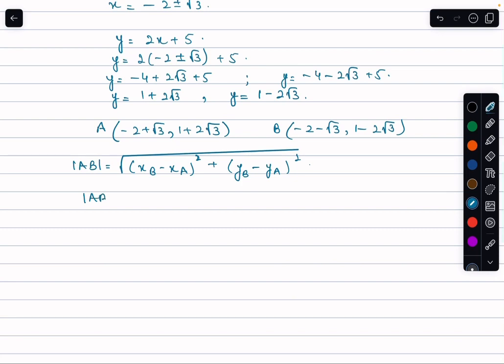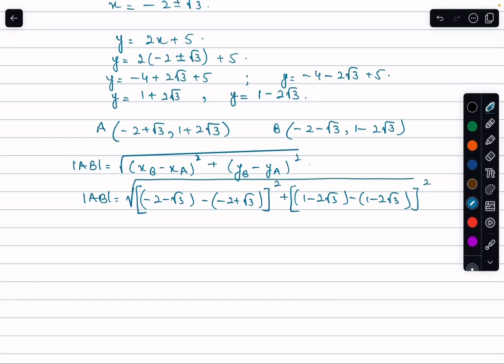So this shall be minus 2 minus under root 3, the x coordinate of B, minus (minus 2 plus under root 3), and the whole square, plus 1 minus 2 under root 3 minus (1 plus 2 under root 3), and obviously the square of this also, and the answer that we get should be taken under the root sign.